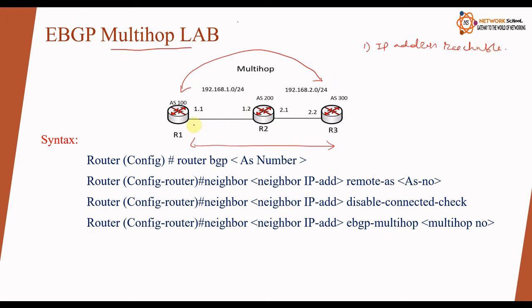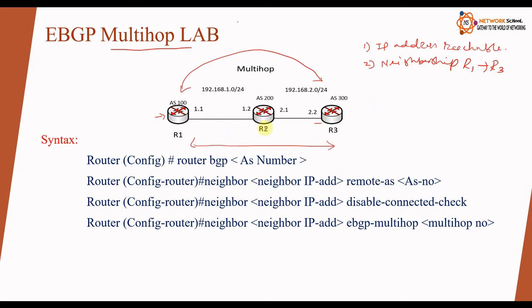It means if I'm sitting at router 1 and I try to ping the interface of router 3, which is 2.2, it should be reachable. Second, we will create a neighborship between router 1 and router 3.